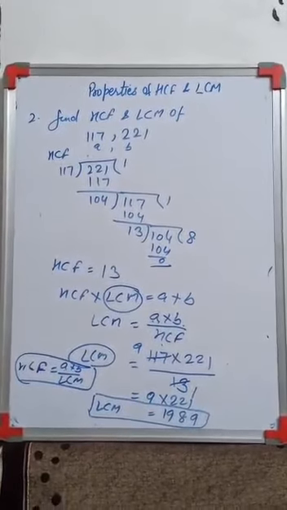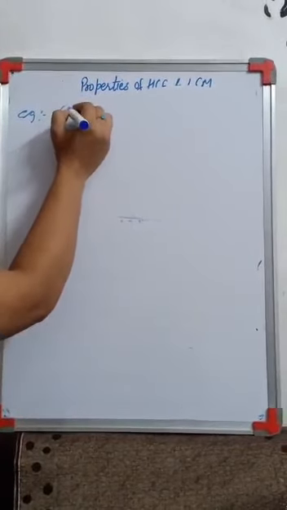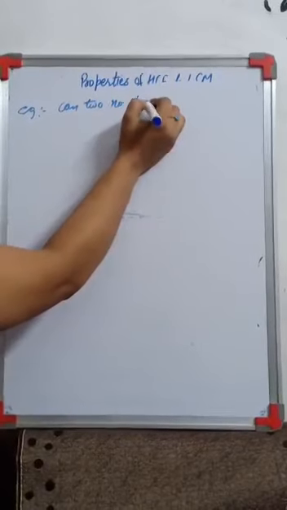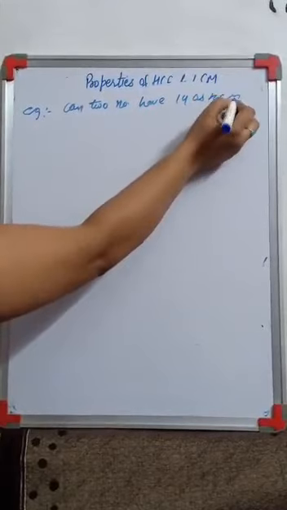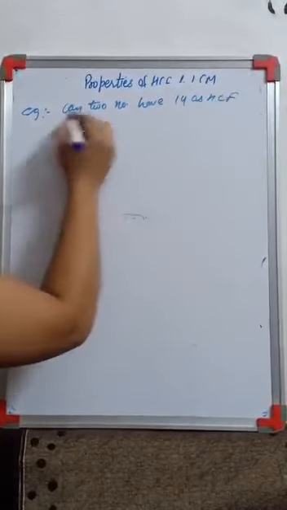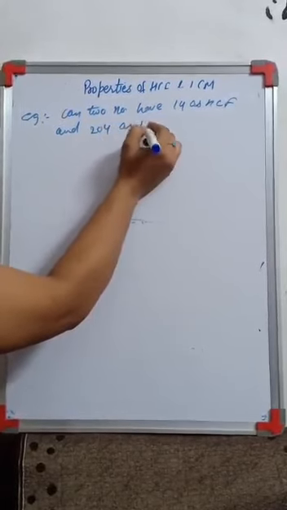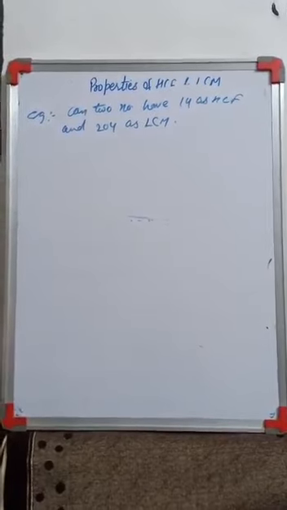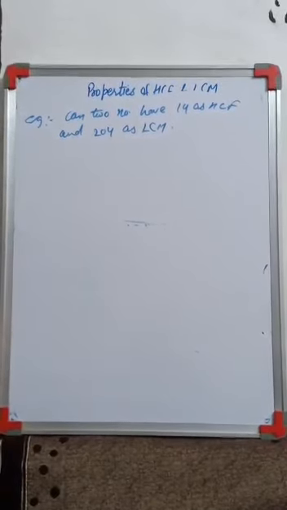Another type of question from the exercise I am doing. The question is: can two numbers have 14 as HCF and 204 as LCM? You need to check whether for two numbers the HCF is 14 and the LCM is 204. Is it possible or not?